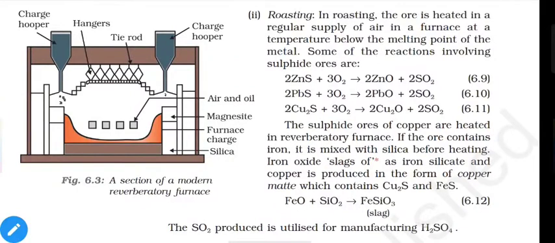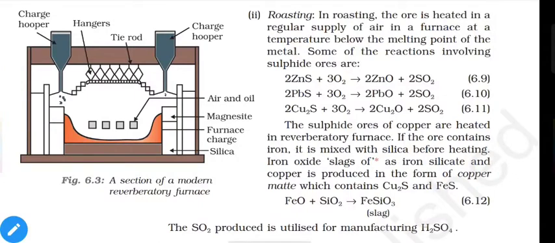For example, suppose you want to extract copper by this method, then if Fe or iron impurity is also present, it will participate in the oxidation reaction. That means if you have FeS and Cu2S both at the same time, FeS is more reactive than Cu2S. That means iron metal is more reactive than copper metal. That's why it will participate in the reaction first and we cannot remove it.